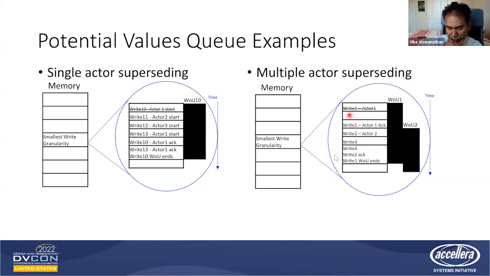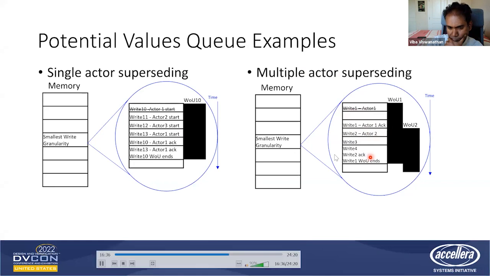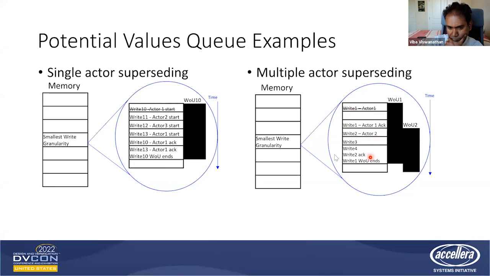On the right, we have the multiple actor case where write 1 is issued by actor 1, then it completes, then write 2 gets issued by actor 2, and then when write 2 completes, write 1 would be removed from the potential values queue. Until write 2 completes, write 1 has to continue to remain in the potential values queue because it could be coherently returned by a read.